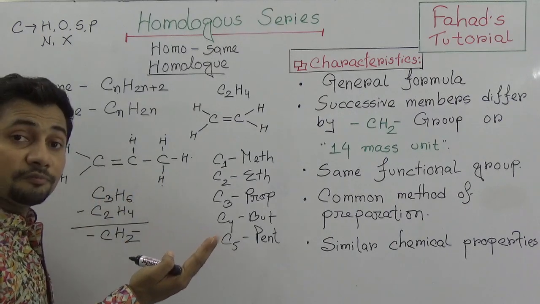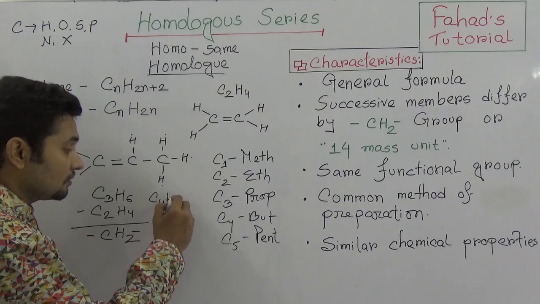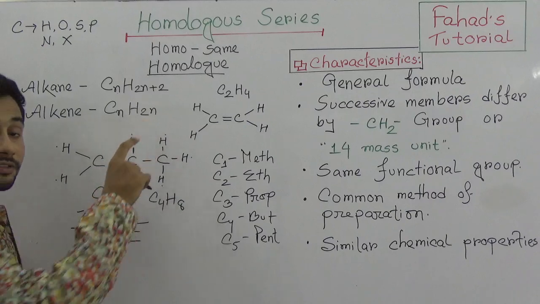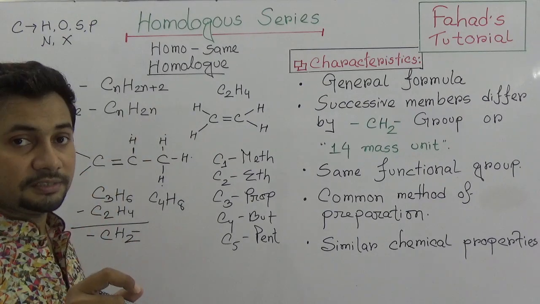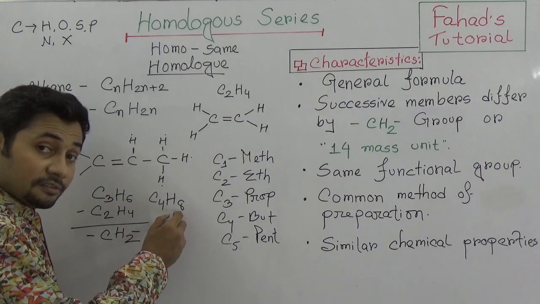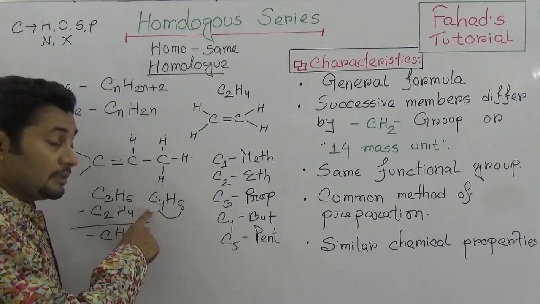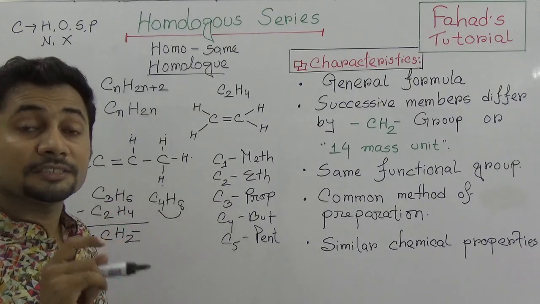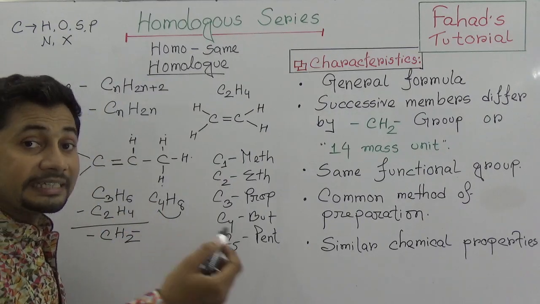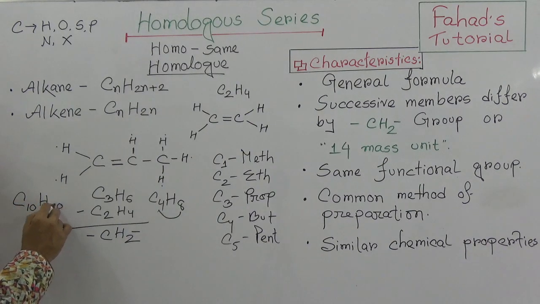So what is the formula of butene? That should be C4H8, because twice. So this general formula is very important, and it's called butene because the number of hydrogen is twice the number of carbon, and the number of carbon is 4. In case of pentene or hexene or decene, the number of carbon is 10 and the number of hydrogen is 20.